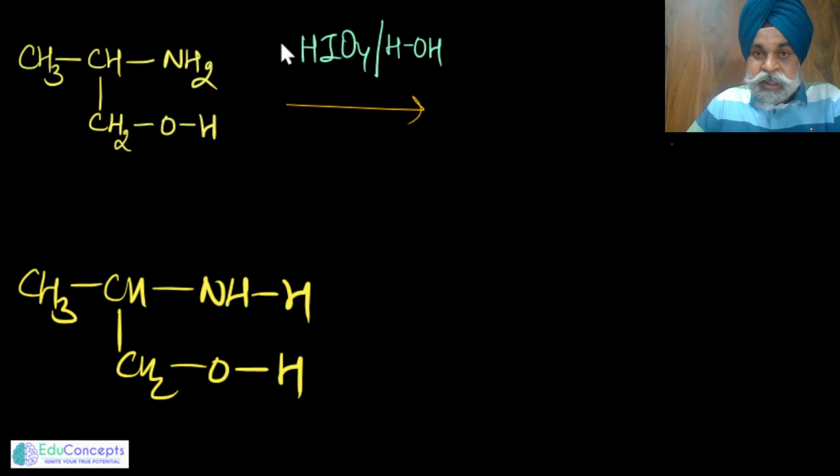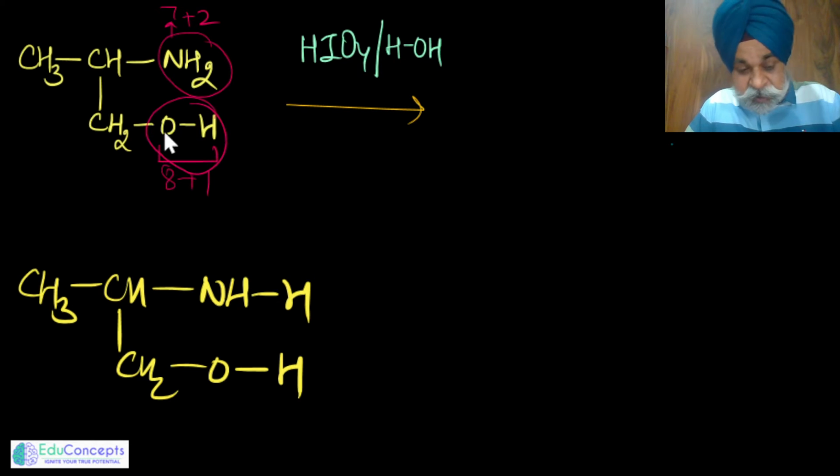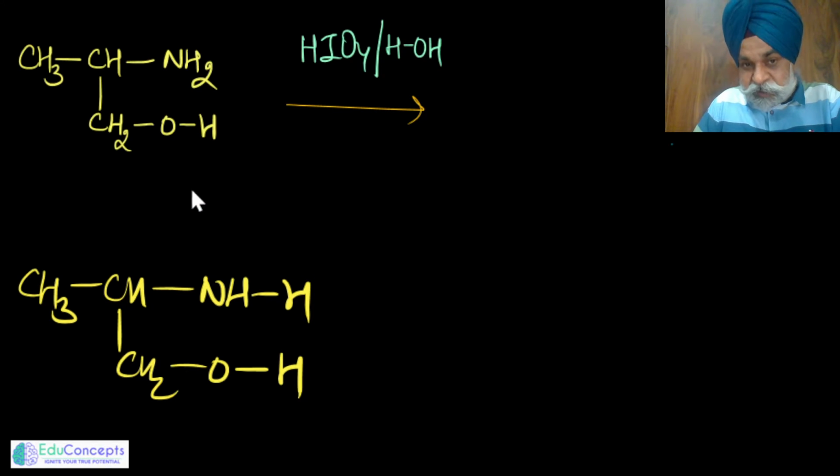One thing I would always say, which many of you might not have noticed: this OH is 8 plus 1, the total is 9. So this nitrogen is 7 plus 2 in terms of atomic number or in terms of electrons. So this entity and this entity are isoelectronic. So you would see many of the reactions of NH2 and OH happen in a similar way because of the isoelectronic category they fall into.